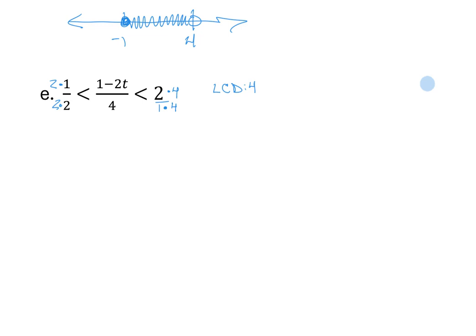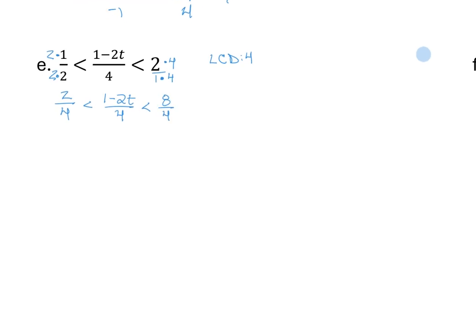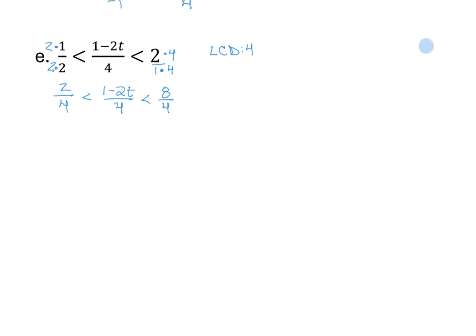So if we go ahead and write this out, what we have is 2/4 is less than (1 minus 2t) over 4 is less than 8/4. Just like with our equations, as soon as our denominators are all the same, we can go ahead and cancel them all out.